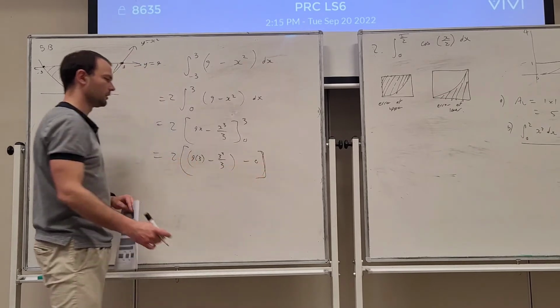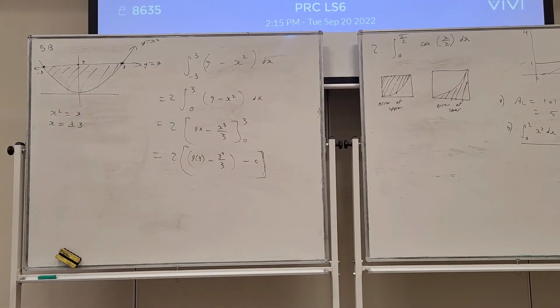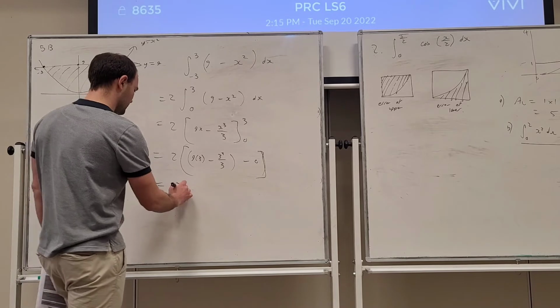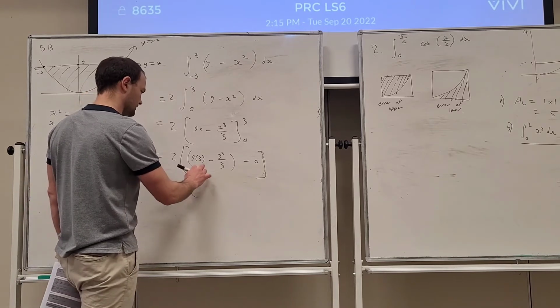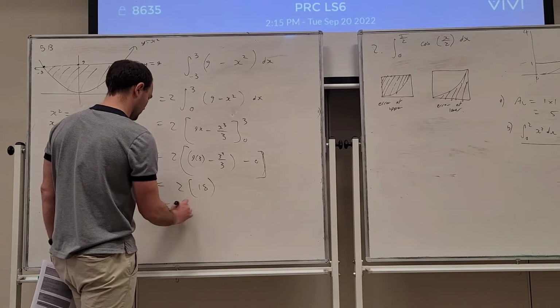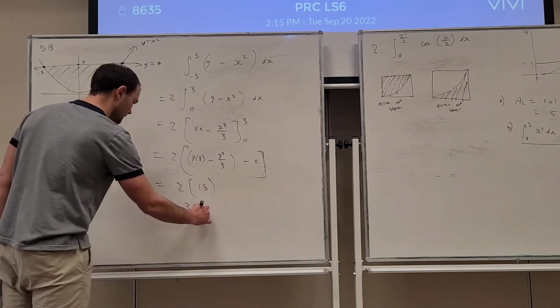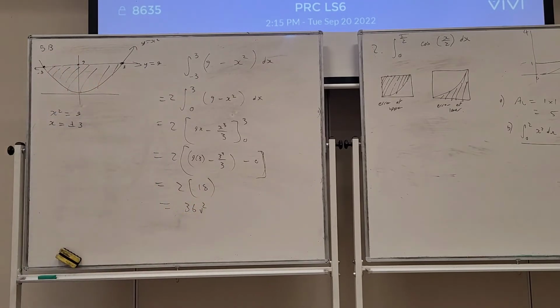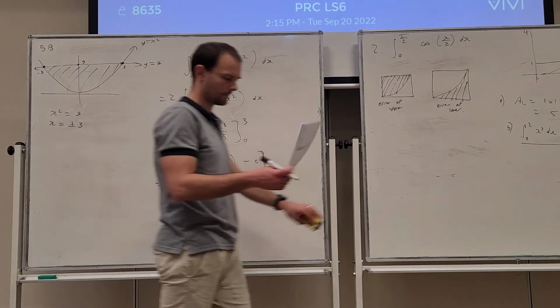Just goes to 0. You're not subbing in minus 3 and processing it and so forth. So we'll get 27, take 9, 18, 2 times 18, 36. Area, so answer in units squared. It's only going to work if it's symmetrical, but it can be a way to simplify a calculation like that.